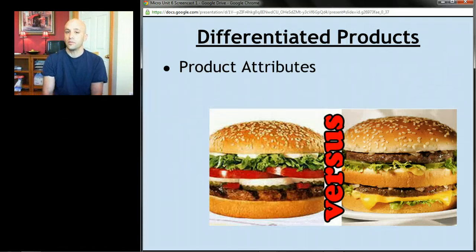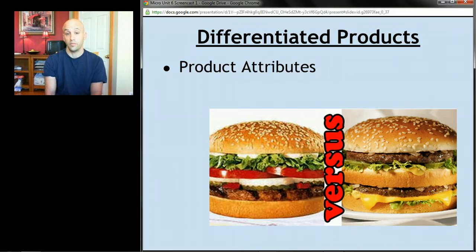Okay, I want to also talk a little bit more about how one might differentiate one's products. Now, maybe the easiest way to differentiate your product is to differentiate your product. In other words, make the attributes of the product different than your competitors. So a good example of this would be the Big Mac and the Whopper, right? They're both hamburgers.